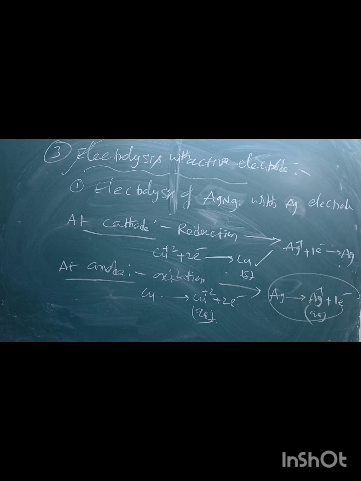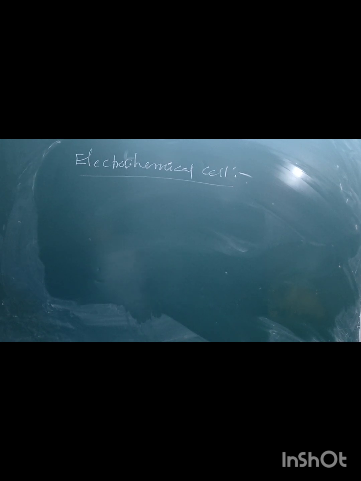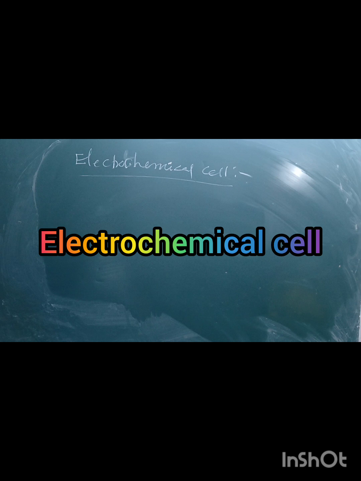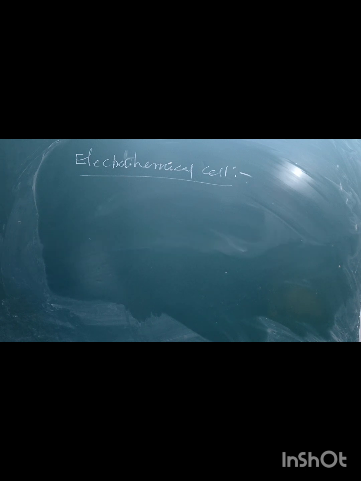And another one is the electrochemical process, the electrochemical cell. So what is an electrochemical cell, sir? In an electrochemical cell, electricity is produced. Chemical change occurs due to flow of current.